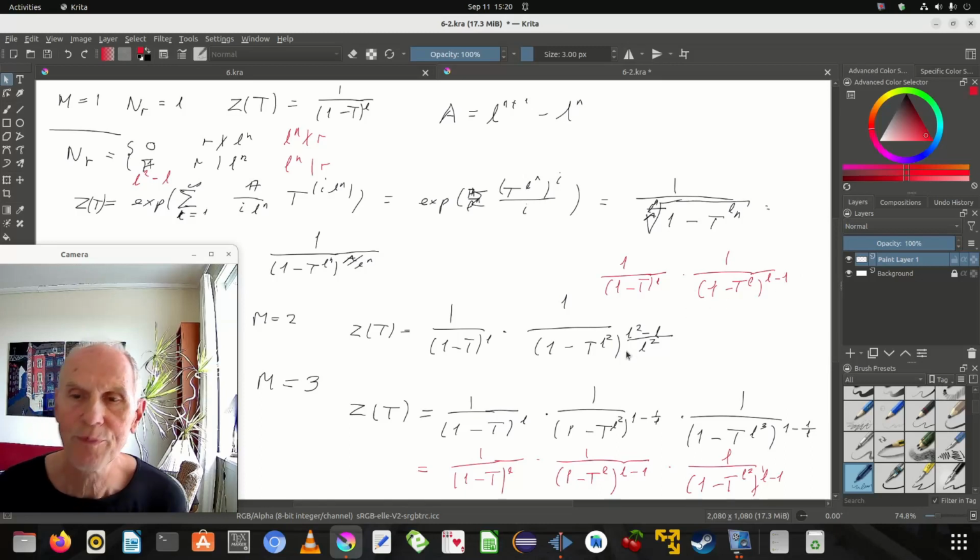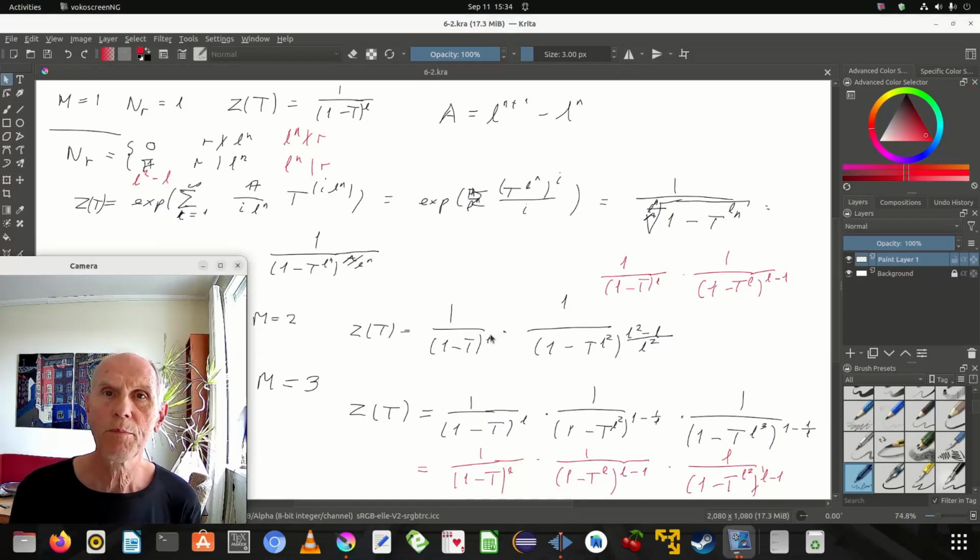This is the guy. So this is wrong. And now when m is 3, we have to add this with 1 minus t to L squared, and then this will certainly become L minus 1 once again.